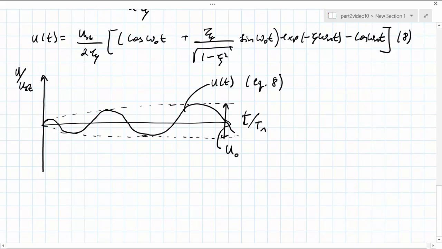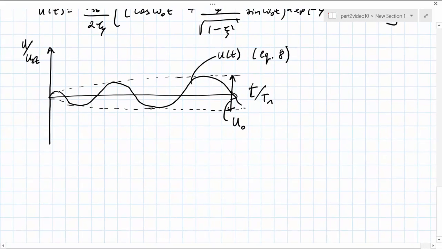We do note, though, that the difference between the size of each successive peak in the response gradually lowers due to the effect of damping. Eventually it will settle on a maximum value that we've called u0, which is equal to u static over 2 zeta.